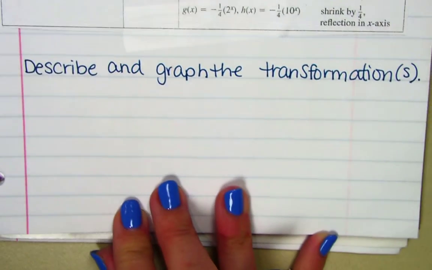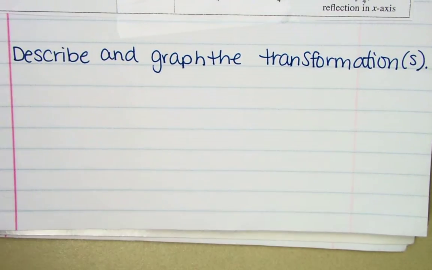And all on these, describe and graph the transformations. You might remember this, we've been doing this since the end of last 6 weeks in last class. A lot of these numbers, because of the exponents, there's going to be so many decimals. So we're just going to sketch the graphs. We don't have to make them perfect, okay? Because like we saw before, a lot of them we had to round anyway. So we're just going to make the graph look as good as we can.